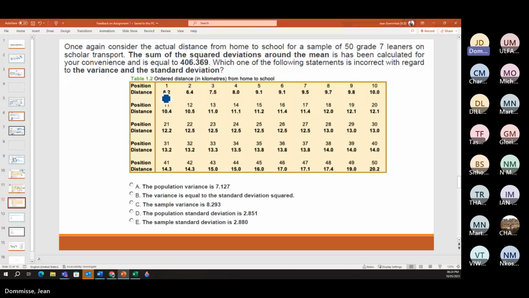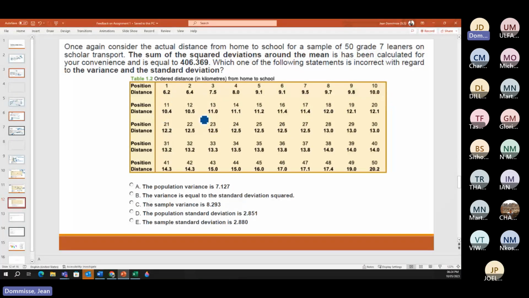Again, they will not ask you to work out this without giving you more information. So here they tell us the sum of squared deviations around the mean is given as that. Which one of the following statements is incorrect with regards to the variance and standard deviation? Okay, so they give us that so that we need to work out the variance.